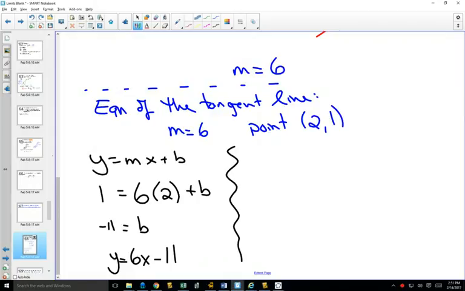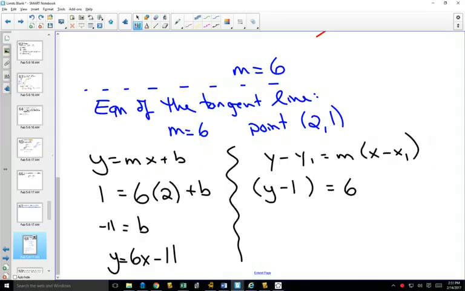You might also remember the point slope form of the equation of the line. If you remember this one, you know the slope is 6. You know a point.